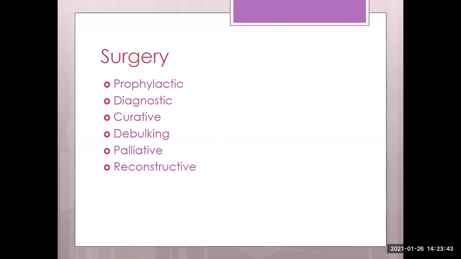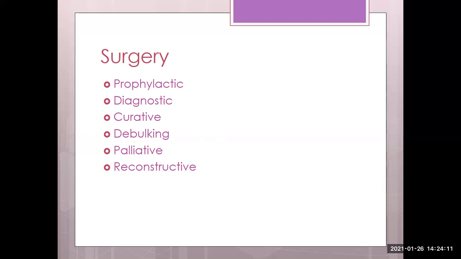Palliative is to help increase quality of life. So a debulking procedure could be a palliative procedure: we can't cure the cancer maybe, but we could get rid of some of the tumor and it will help cut down on the symptoms that the patient may be having. An example would be a patient who has a large colon mass that can't be completely removed.